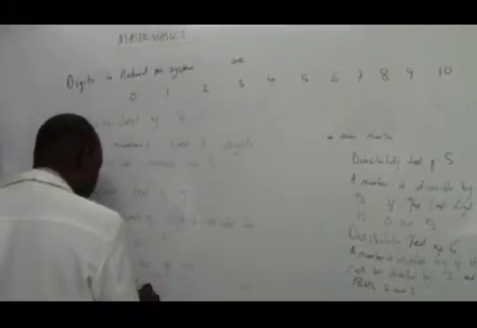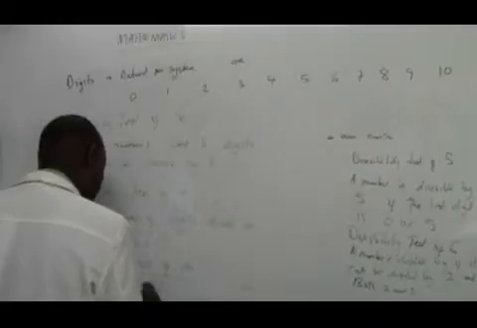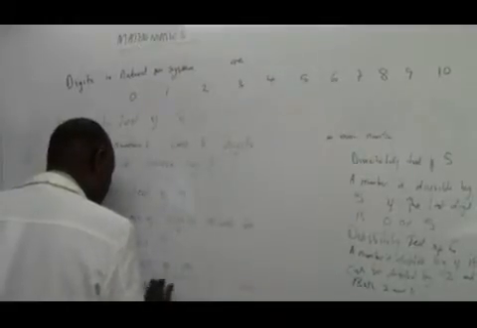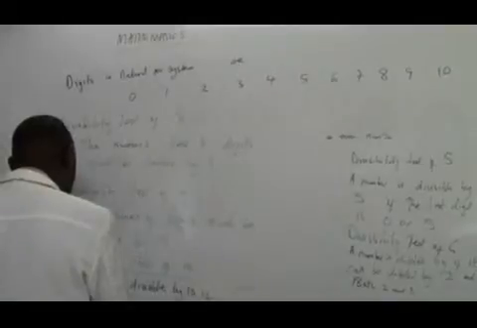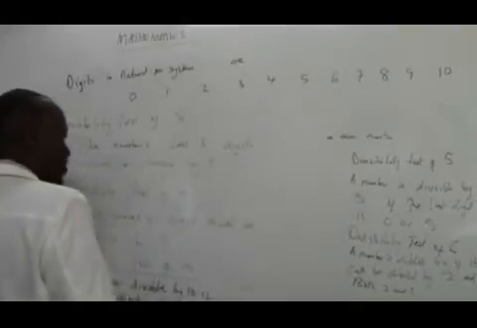In the divisibility test of 10, a number is divisible by 10 if the last digit is 0. And finally, we look at the divisibility test of 11.